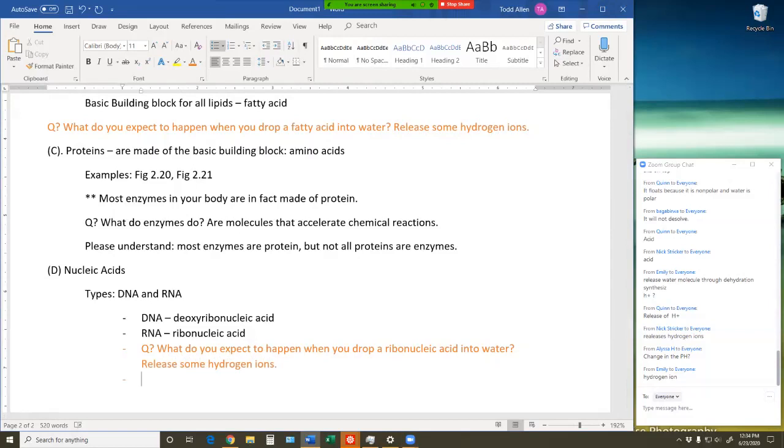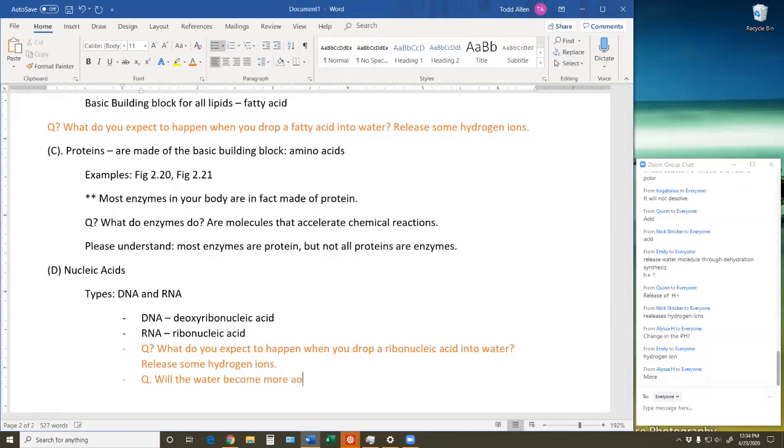Okay, so Alyssa, here's a question for you. If you release some hydrogen ions, is that going to make the water more or less acidic? Okay, good. More acidic, that's right. So Alyssa, this question is for you.